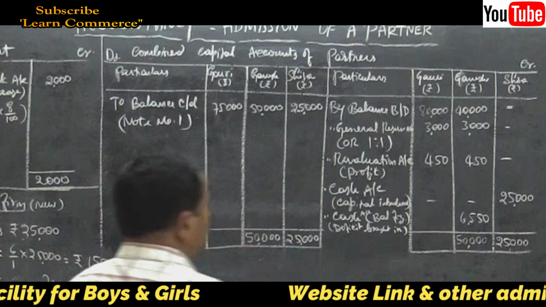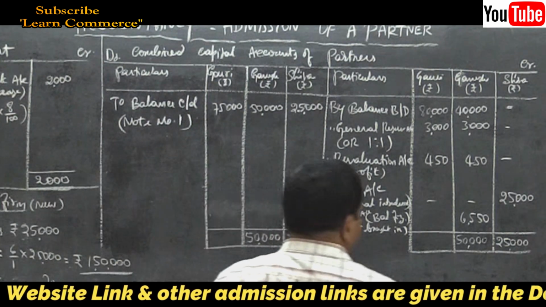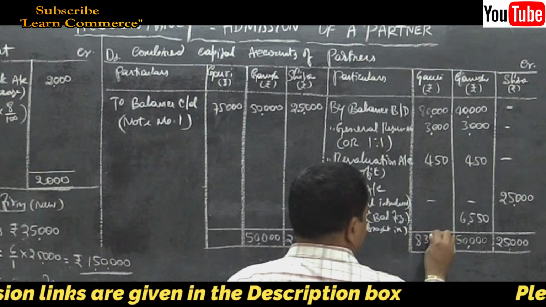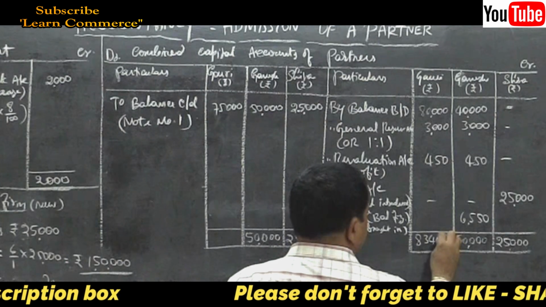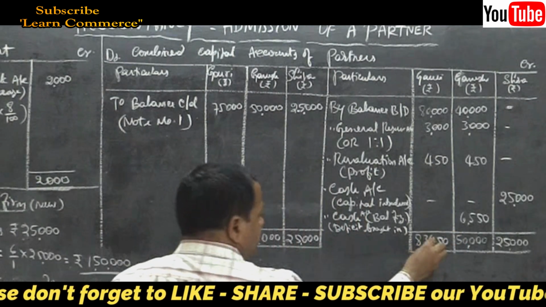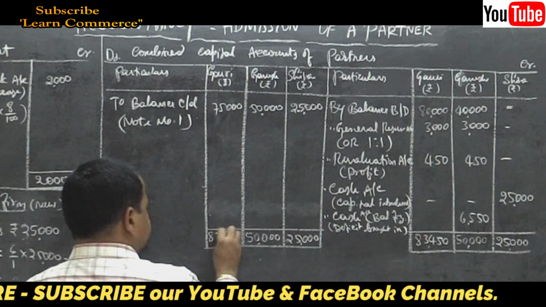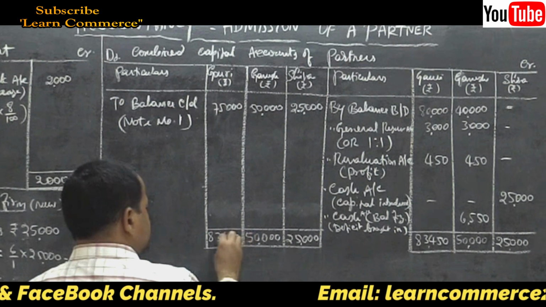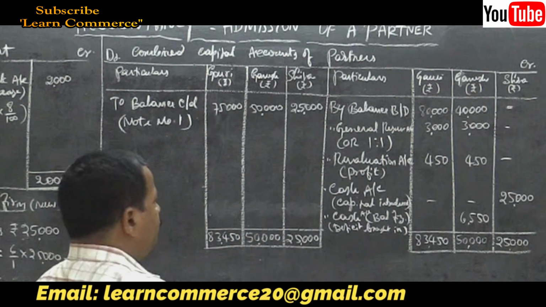Refer to Gauri's account. There is excess: 83,450. The credit side is greater. Find out the difference.